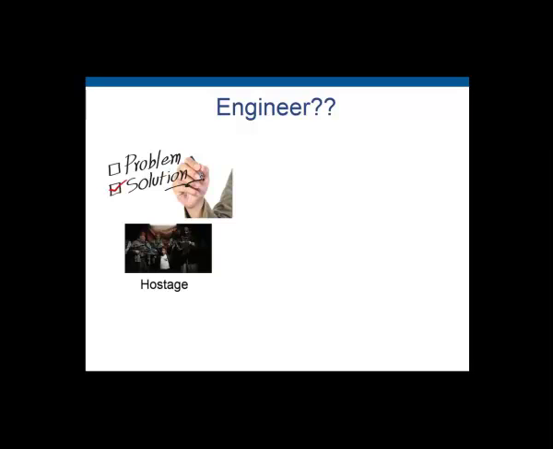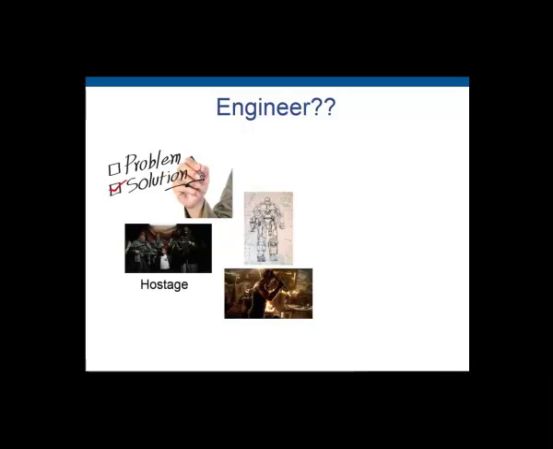I think most of you have watched the Iron Man movies. Okay, this is Iron Man movie 1. This is one of my favorite movies. The main character, Tony Stark, was a hostage, right? It was a problem. He had to escape the cave. So what he did, he built an Iron Man suit in the cave, right?